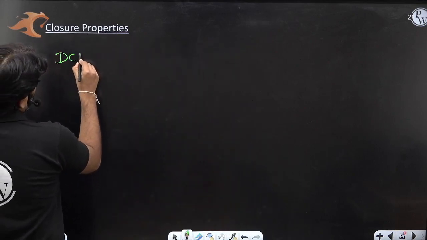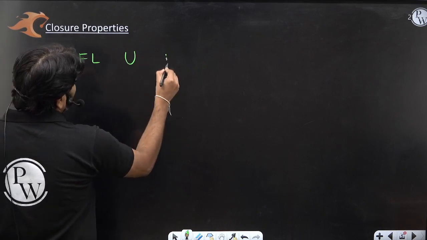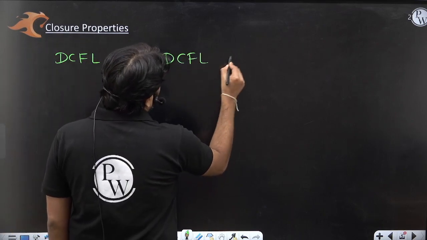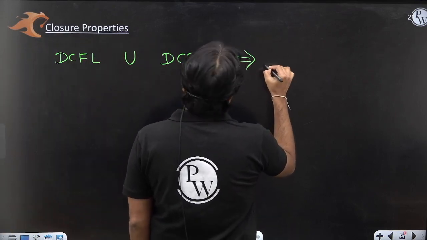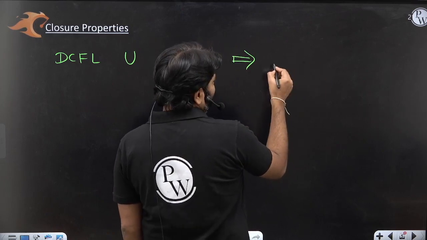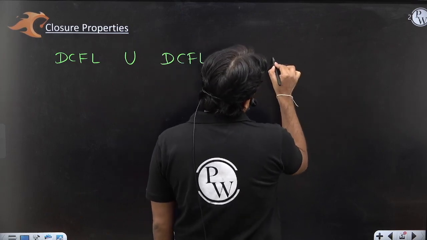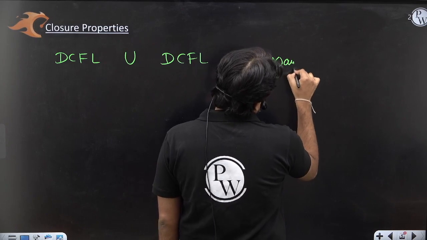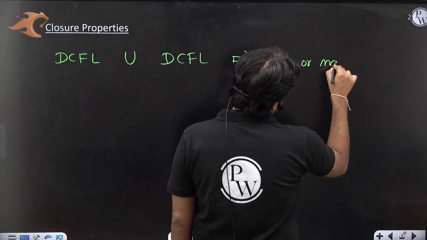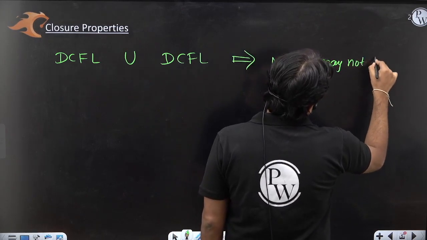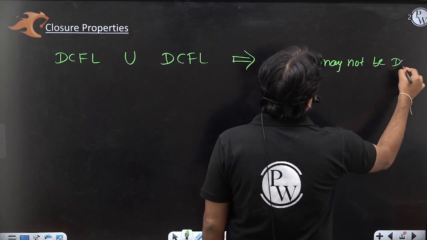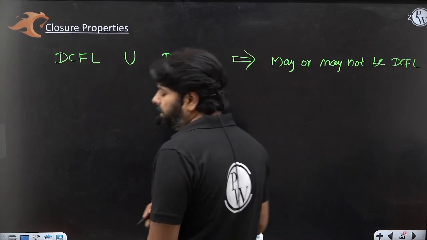DCFL union DCFL, the result may or may not be a DCFL. If it is always a DCFL, you can say that it is closed.